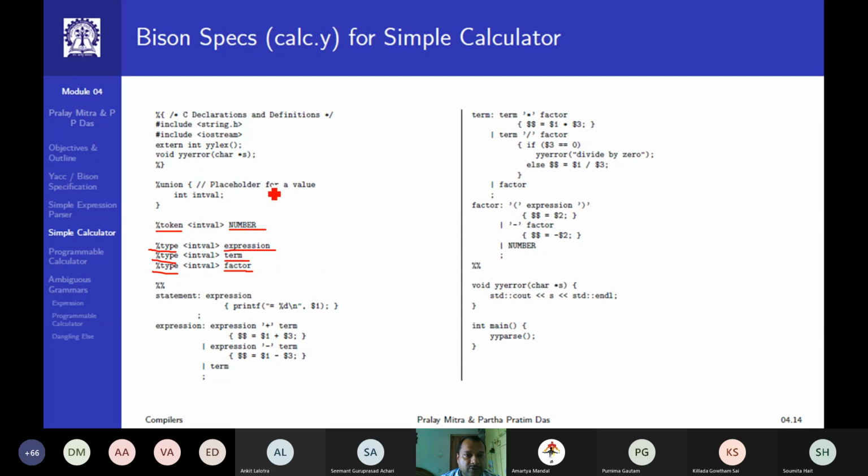Similar to that, here also we are having one placeholder value, int val, for all of them. But instead of defining one integer value for number type, for expression type, for term or factor, we are defining everything as part of the union. So whenever it is required, int val, it will pick from there.